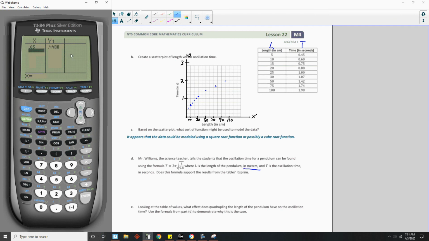And look at that, 0.448 is really close to 0.45. So 0.1 enter, 0.15, 0.2, 0.25, 0.3, 0.5, 0.75, and 1. Yes, just 1.